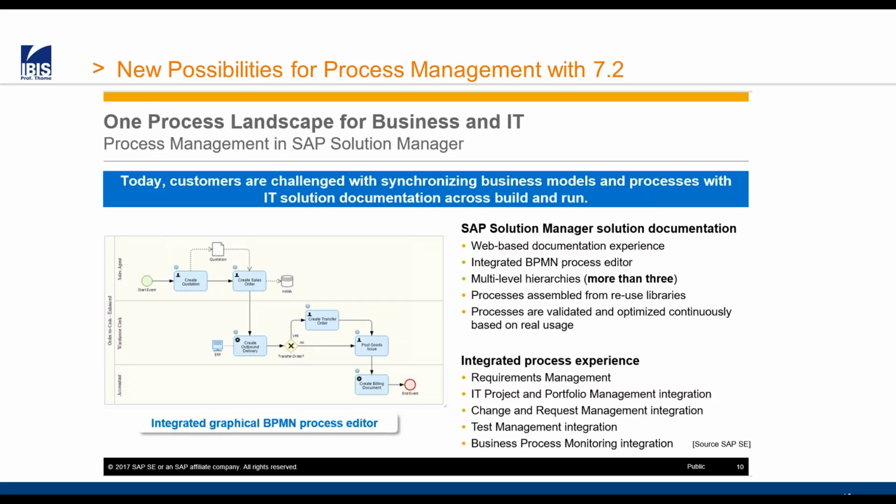Since I recall doing projects for documenting processes in SAP Solution Manager, we always heard the pain of only being able to depict processes in 3-level hierarchies. This has been blasted. We have another concept here. You can do process hierarchies of many levels, much more than 3.